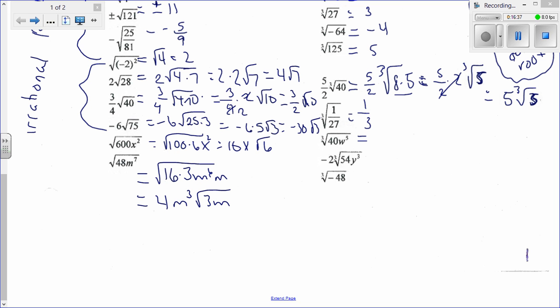So I have the cube root of 8 times 5, and this would be w to the 3rd times w squared, which is equal to: cube root of 8 is 2, cube root of w cubed is w, and I can't take anything else out, so I'm left with the 5 and the w squared.